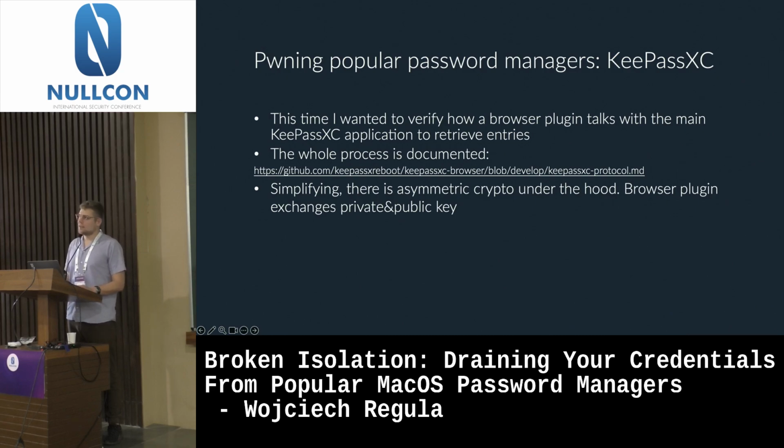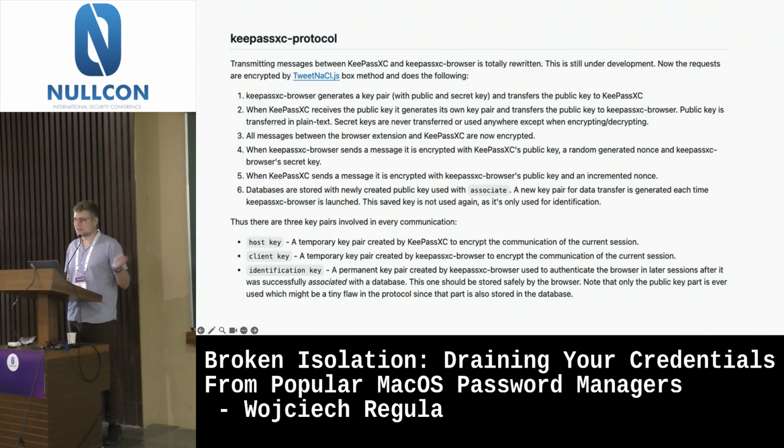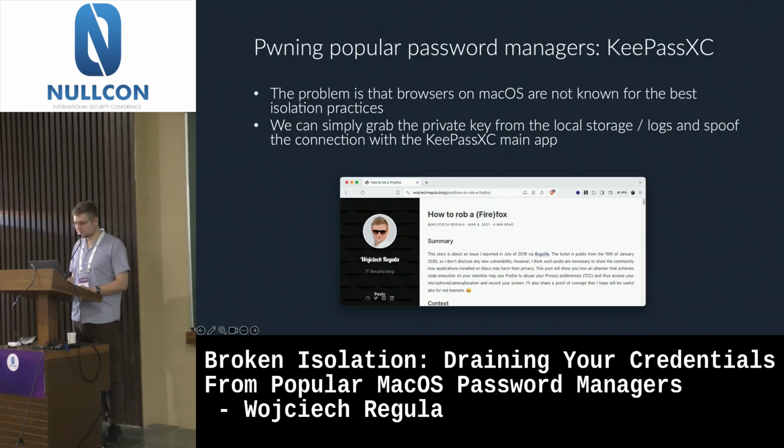And you will see that in their documentation, which is really large, don't even read it. I will shorten it. There is asymmetric crypto between the browser extension and the main app. But the browser extension must store the key somewhere, right? Because it must encrypt the information that is being sent to the main app.